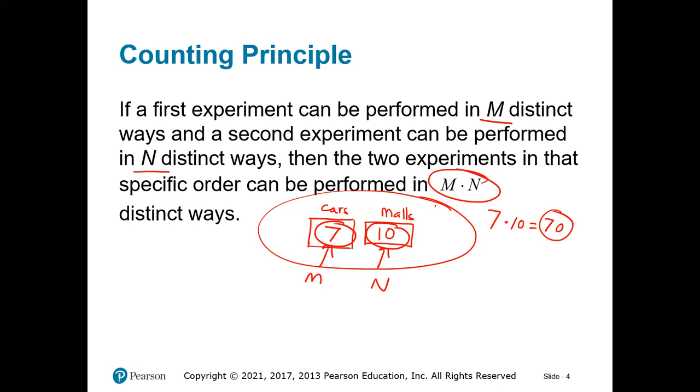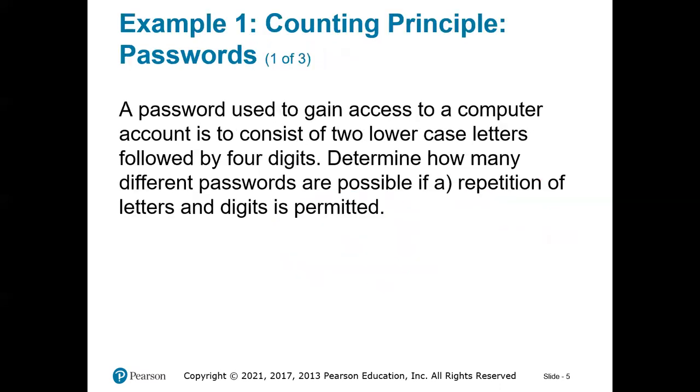Well, you have m times n. This is known as the fundamental principle of counting, and it's a very strong mathematical principle that will help us to solve a lot of more complicated examples. You will see how we are going to use this principle to deal with trickier situations.